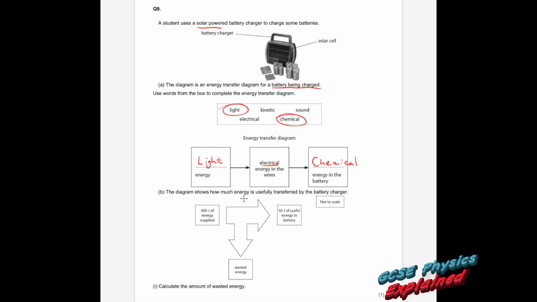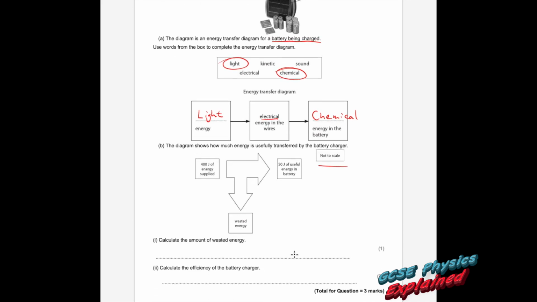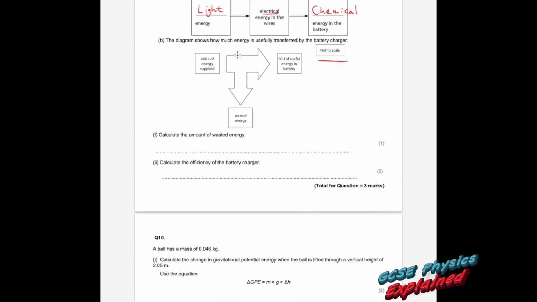The diagram shows how much energy is usefully transferred by the battery charger. It says it's not to scale. Yeah, remember the thickness of the arrows usually matters, but because it's not to scale, it doesn't matter. All we're interested in is the size of those numbers. Calculate the amount of wasted energy. Right, well, that's your wasted energy there.